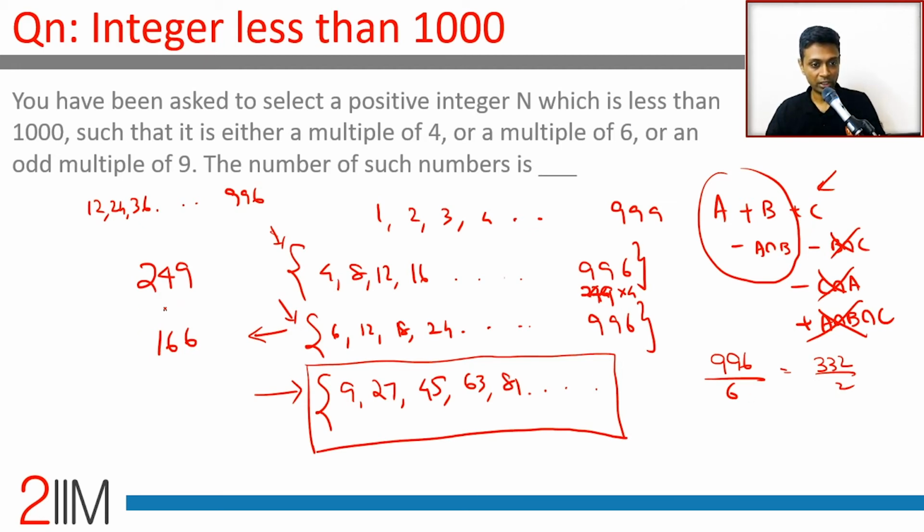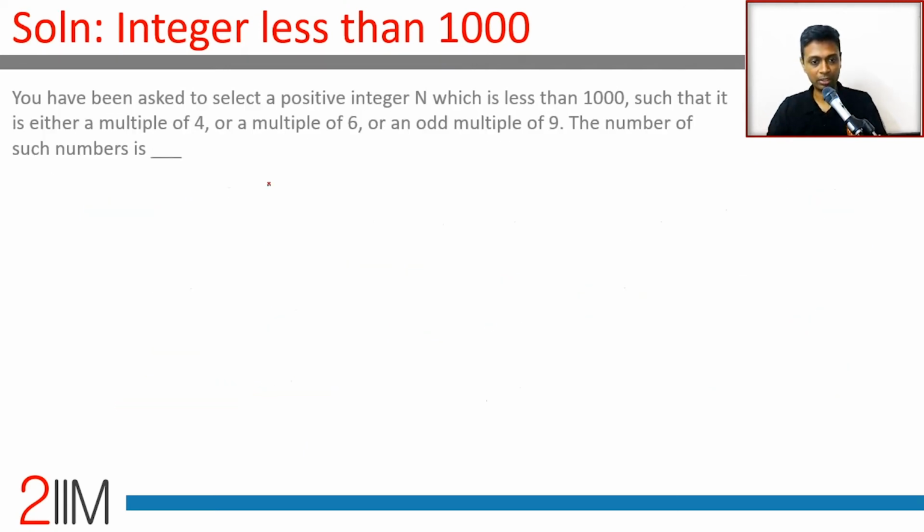So 249 plus 166 minus 83. Or quite simply, it is 249 plus 83, since 166 minus 83 is 83. 249 plus 83 is 332. Multiples of 4 or 6 gives us 332.